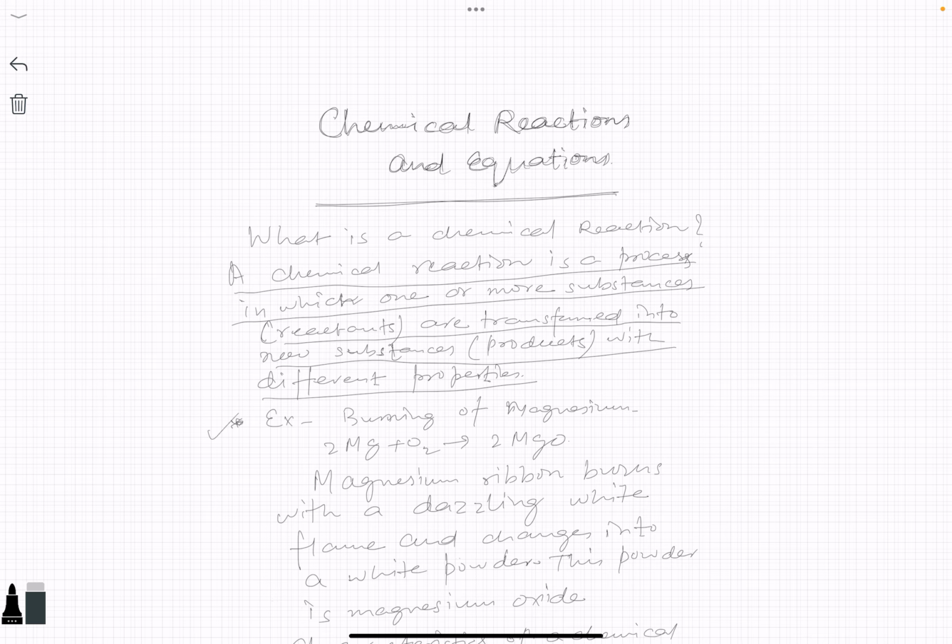Burning of magnesium is a chemical reaction in which magnesium reacts with oxygen to make the product, magnesium oxide. Magnesium ribbon burns with a dazzling white flame and changes into a white powder. This powder is magnesium oxide.